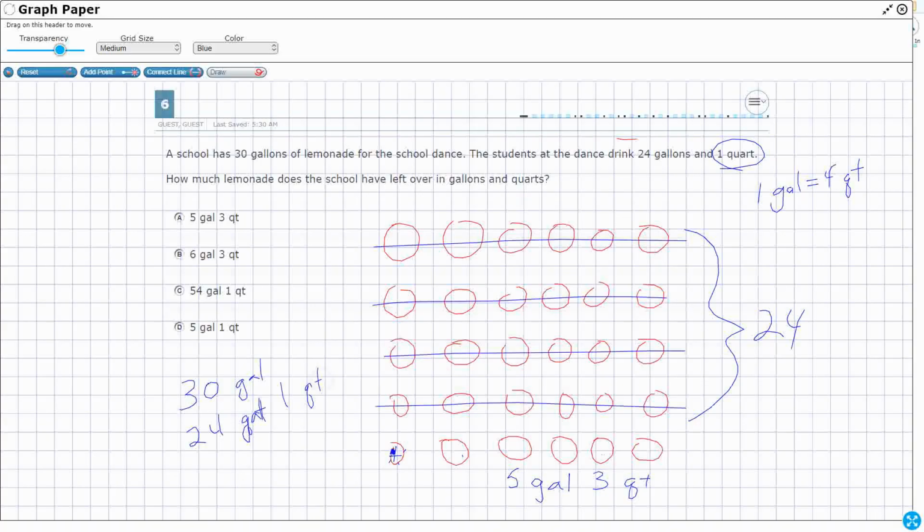The problem is you can't subtract 1 quart from nothing, right? So you almost need to regroup this. It's kind of a weird way to think about it. Regroup that into 29 gallons and 4 quarts. If you look at it like this, well, that's pretty easy then. 3 quarts and 5 gallons. So either way you do it here, our answer is A.